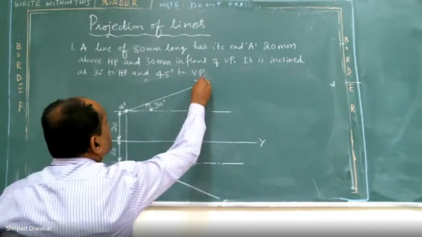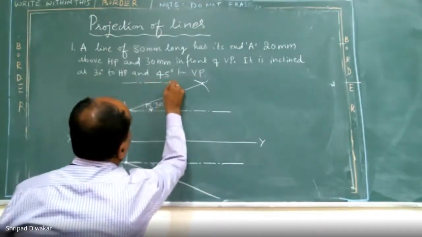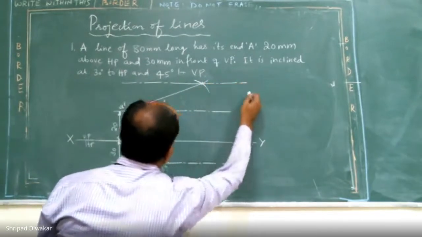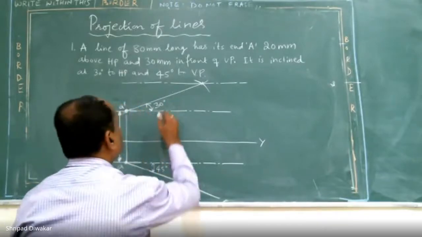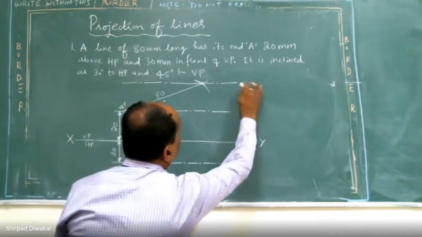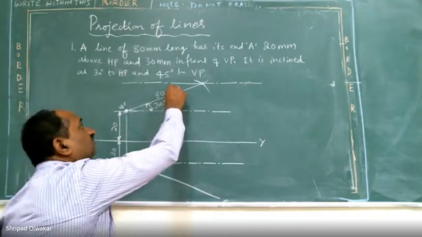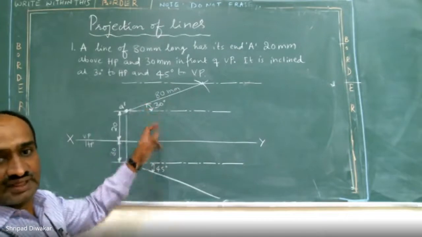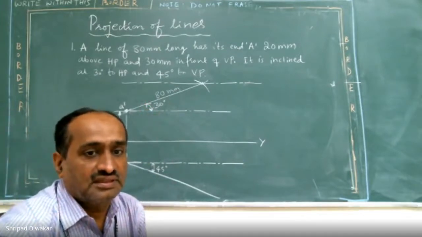Passing through that intersection point, draw one more locus line. This is your 80 mm. This is your true length. After drawing the 30 degree line, take the true length and cut the arc on the given line.